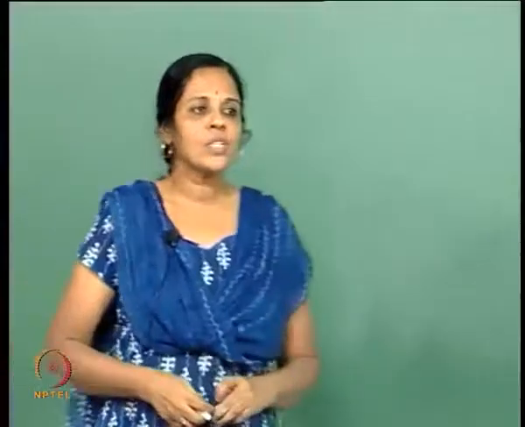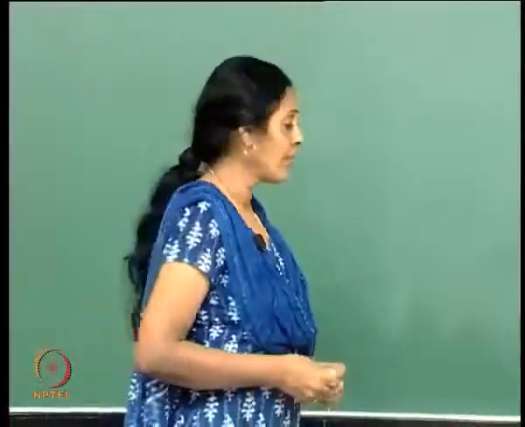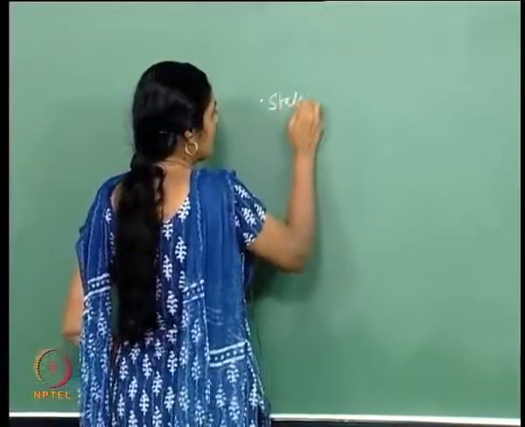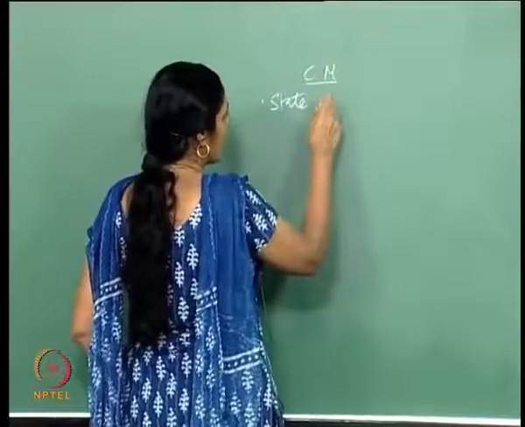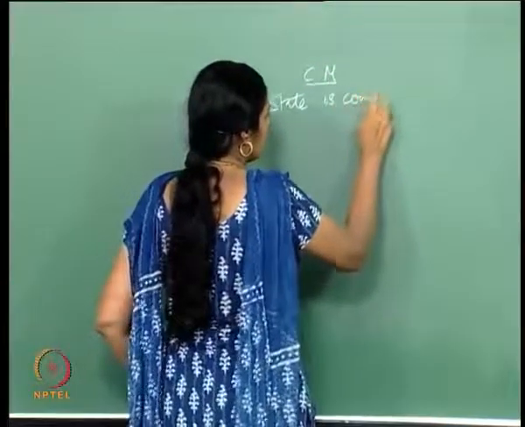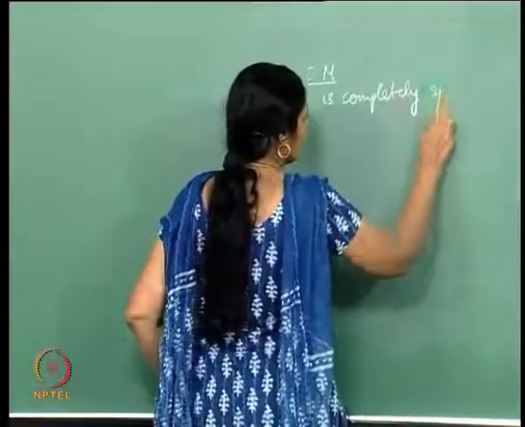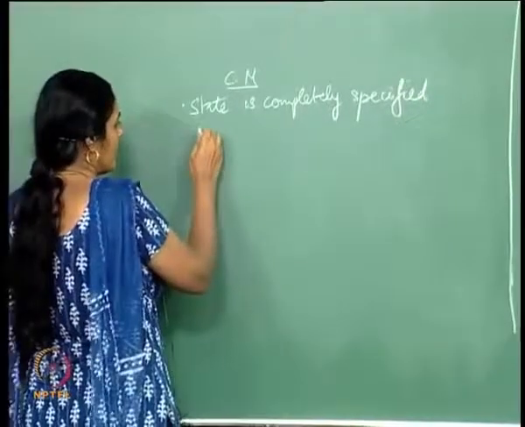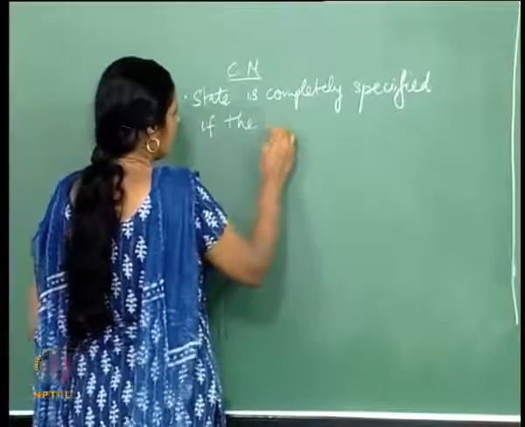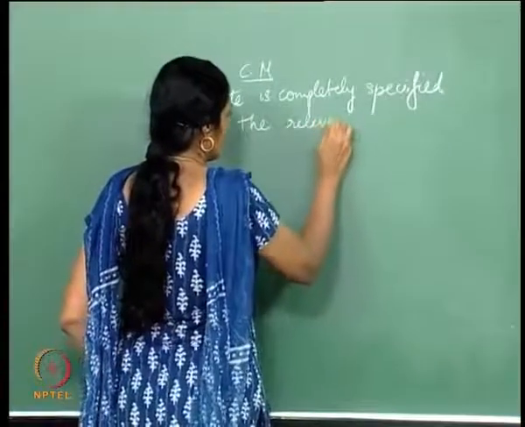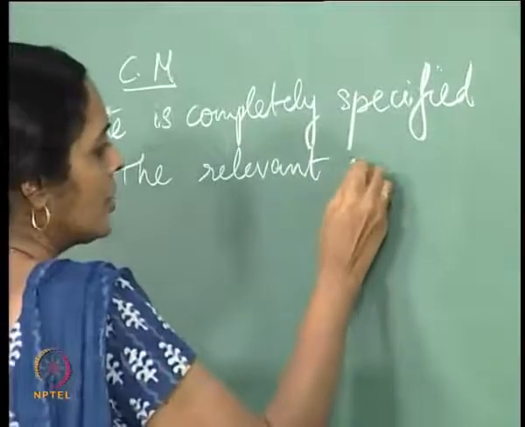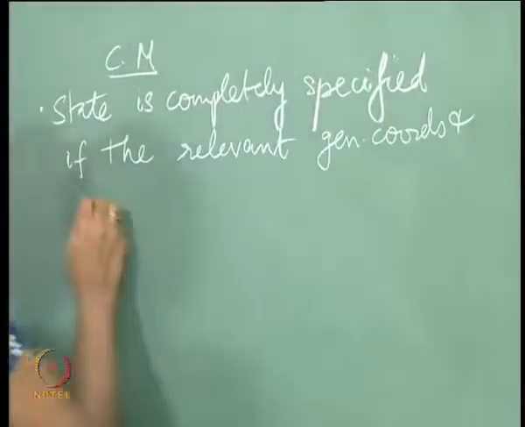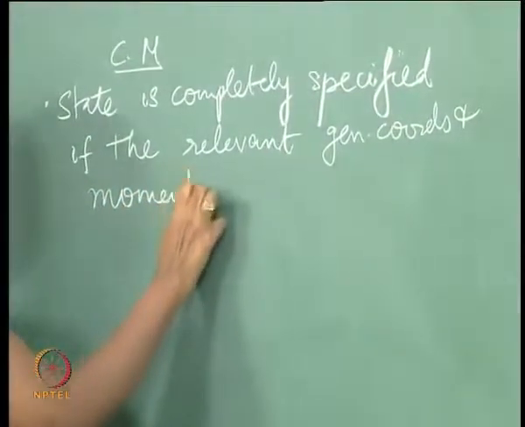All this leads to a certain picture of the state of the system. In classical physics, the state of the system is completely specified. In classical mechanics, the state is completely specified if the relevant generalized coordinates and momenta are specified.